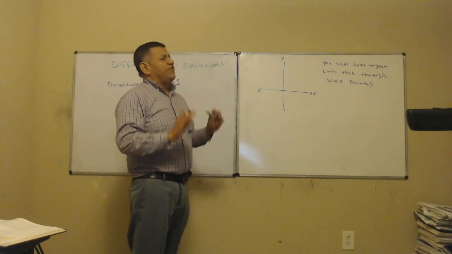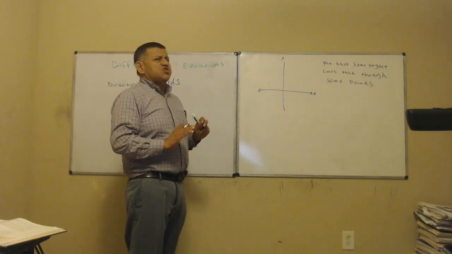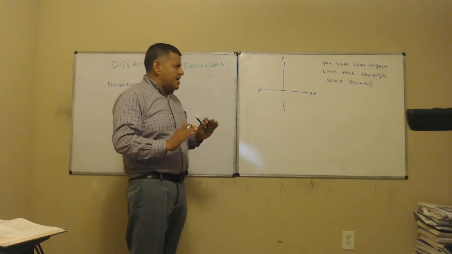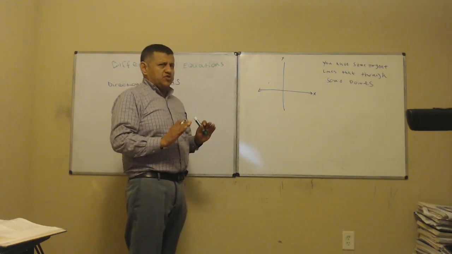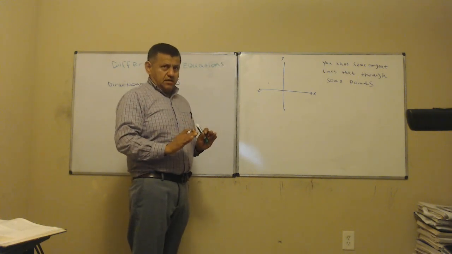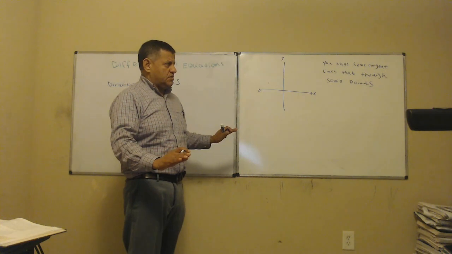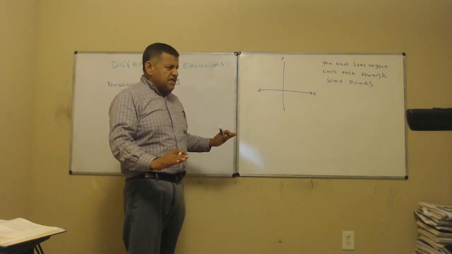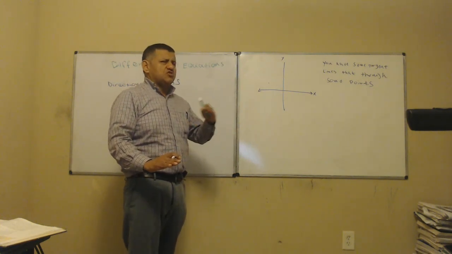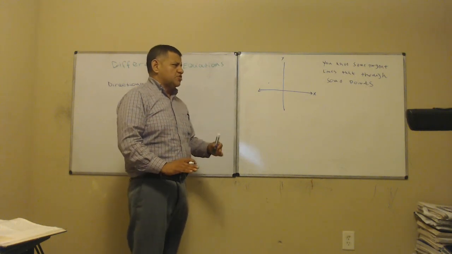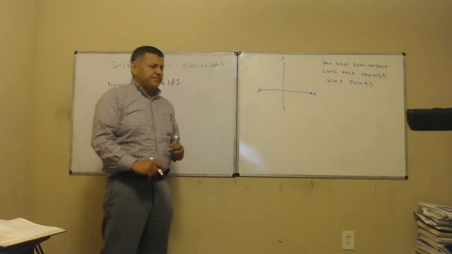You don't know what the function is, but a picture gives you an idea how the function might look like. It might have a bunch of different solutions, but it will give you a general idea of how the function will be.